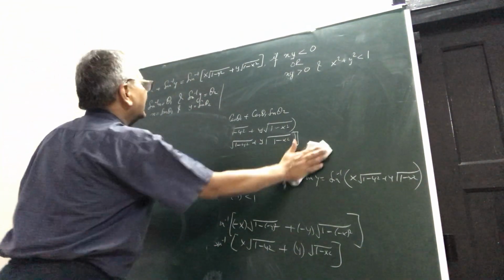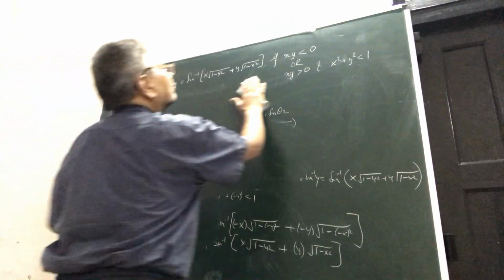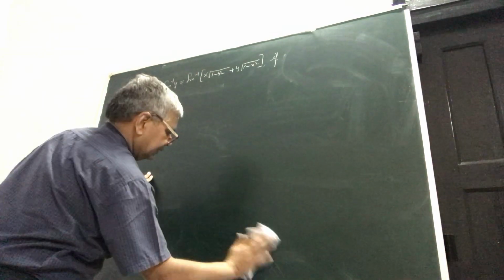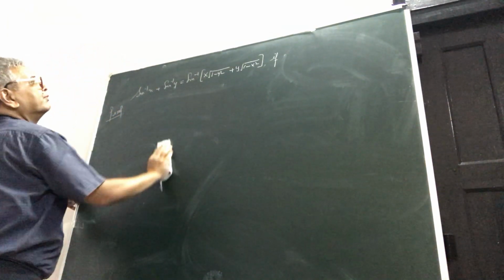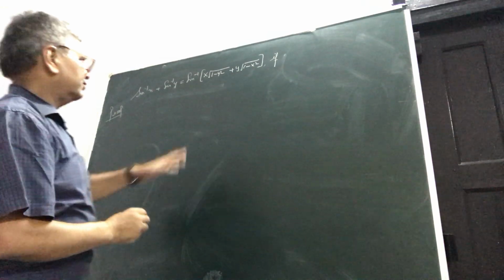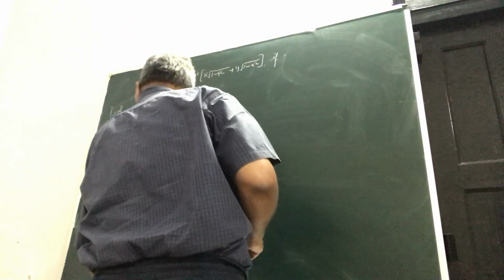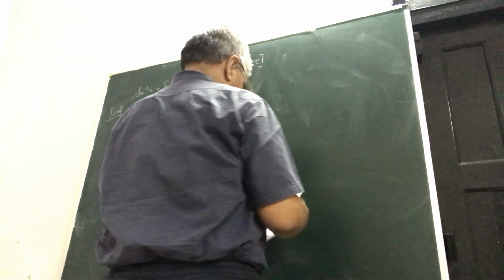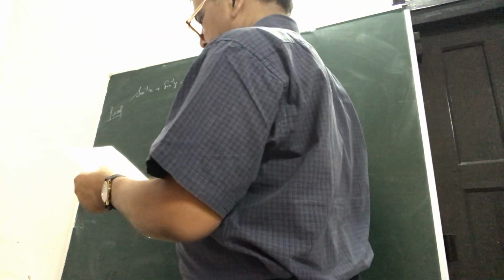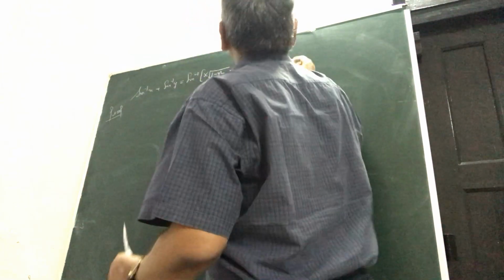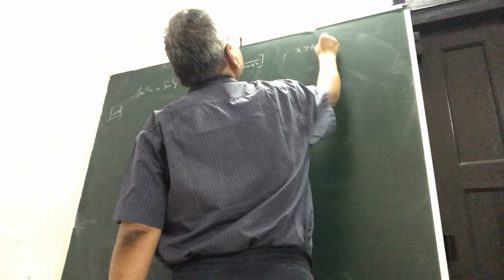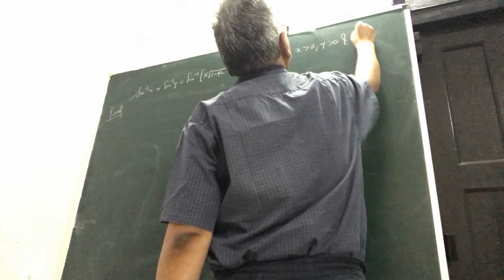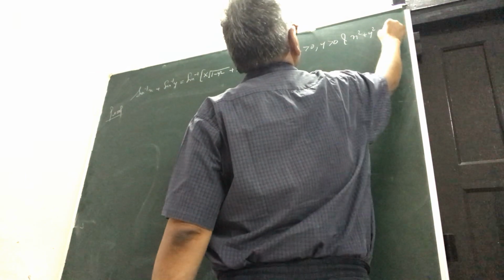for sine inverse x and sine inverse y. And what is that other case? Let us do it. Now we have to prove that sine inverse x plus sine inverse y is equal to sine inverse of this thing, if, yes, it is what we have to show, that it is pi minus this thing. Okay, x is greater than 0, y is greater than 0, and x square plus y square is greater than 1.